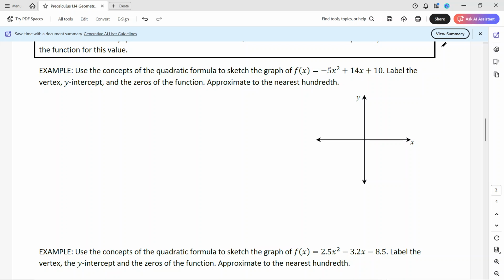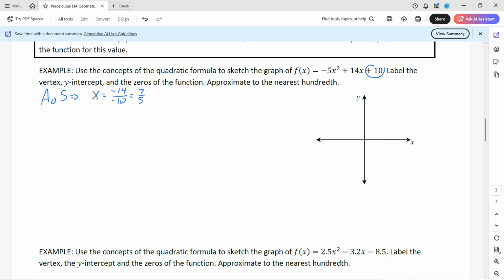So the first thing I'd say is that the axis of symmetry would be x equals negative b, negative 14, over 2a, negative 10, which could be simplified to 7/5. So with that in mind, I know that my graph is downward opening, and I can get more information out of that.